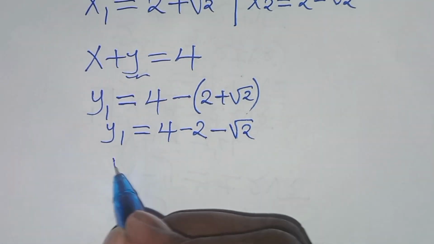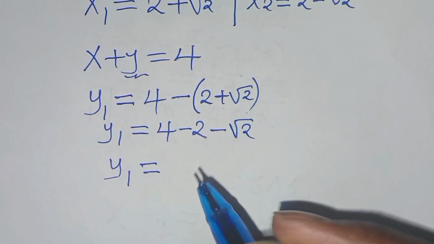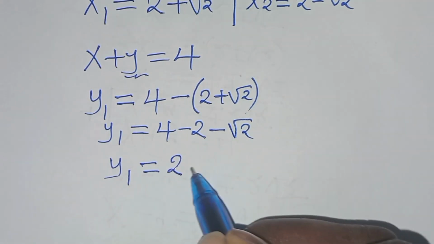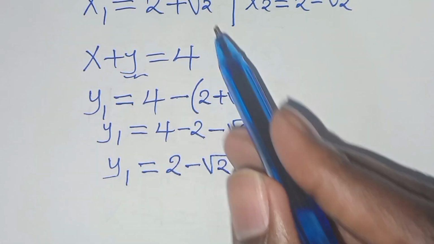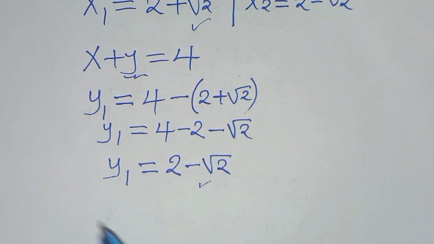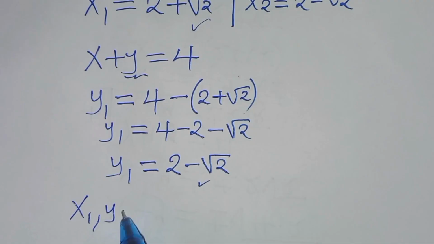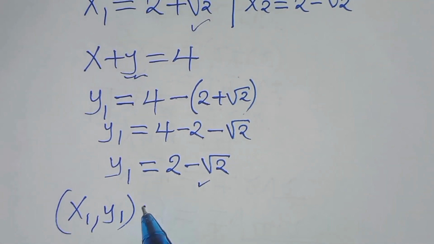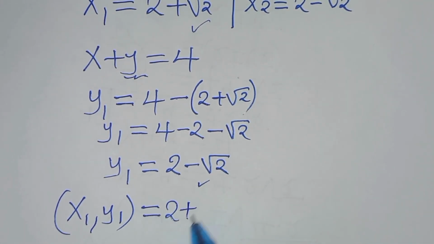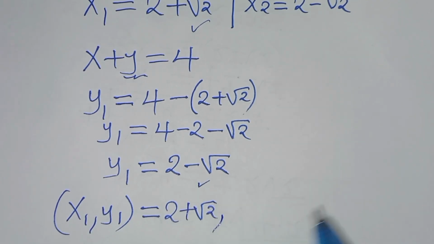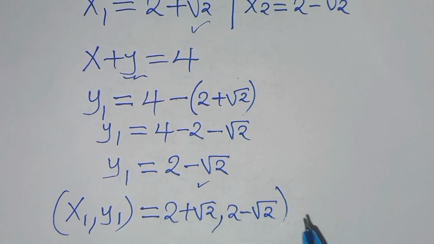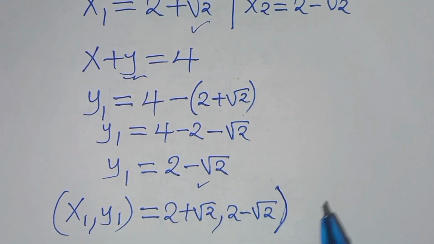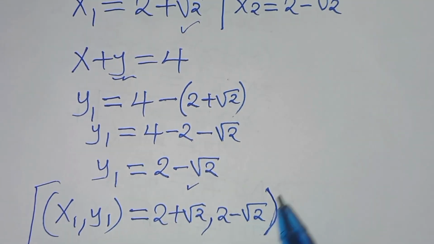So y1 is equal to 2 minus square root of 2. So we have x1, y1 equal to 2 plus square root of 2, comma 2 minus square root of 2. This is the first set of solutions.